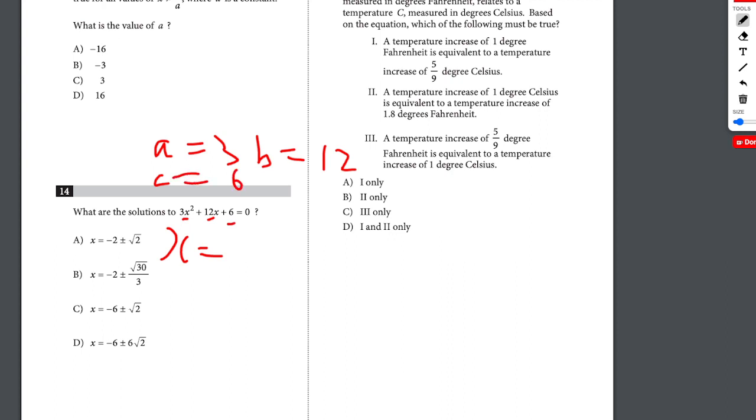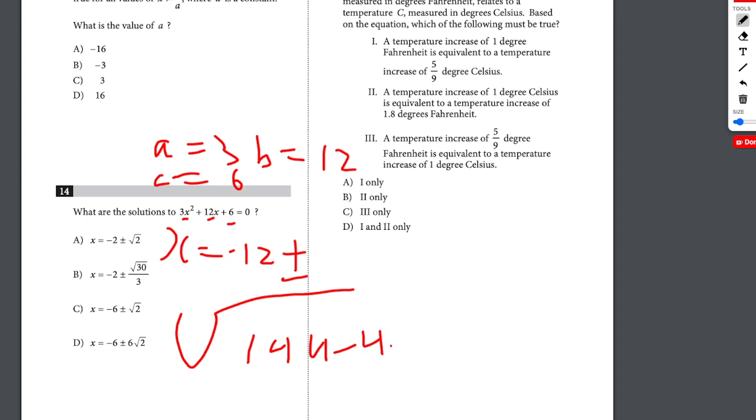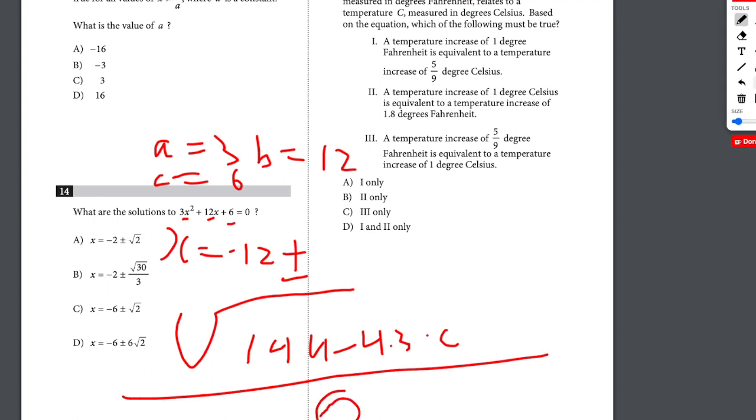So here we go. x is equal to negative b plus or minus the square root of b squared minus 4ac all over 2a. I'm writing 2a now. There we go.